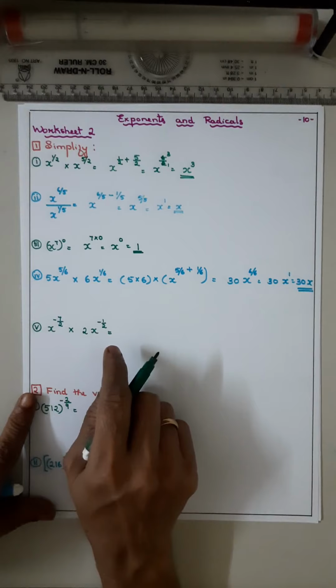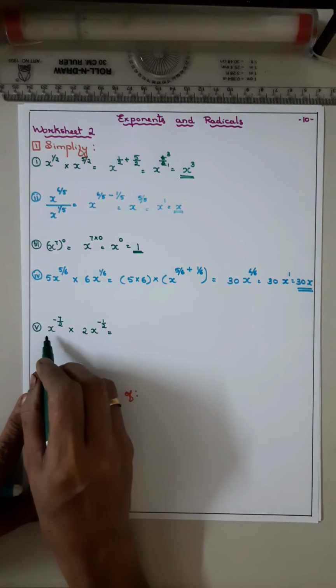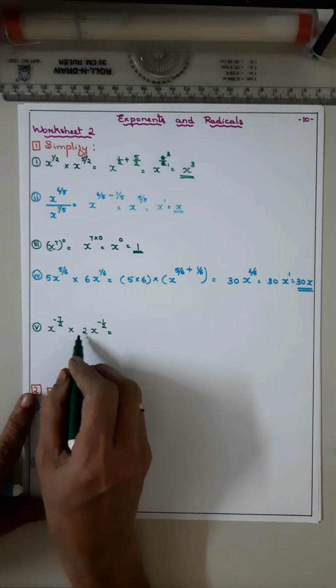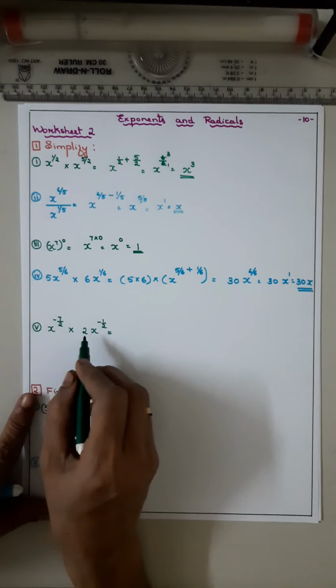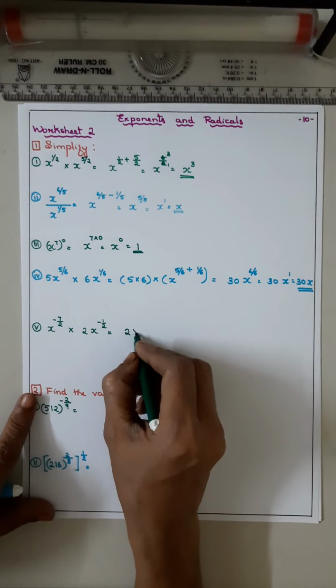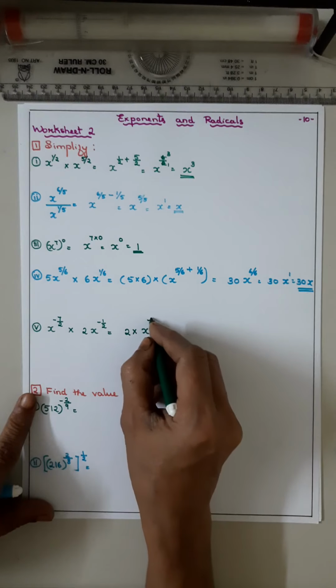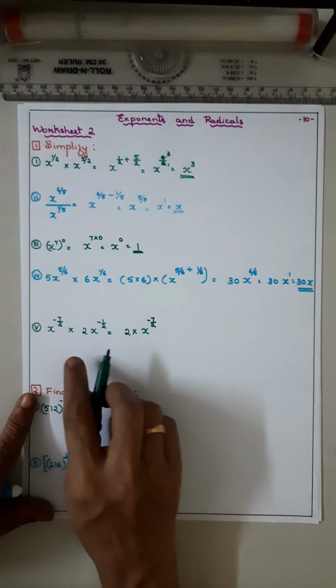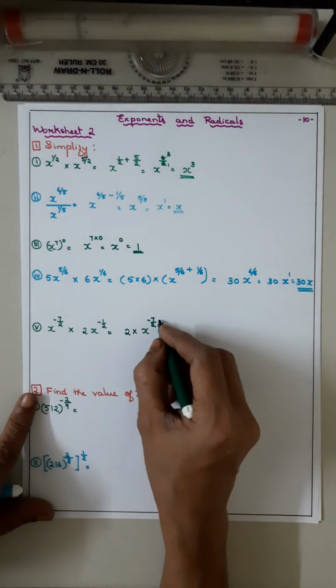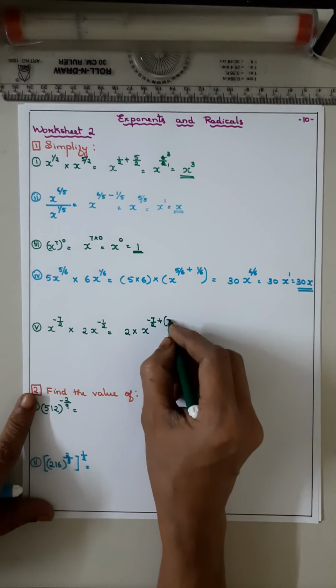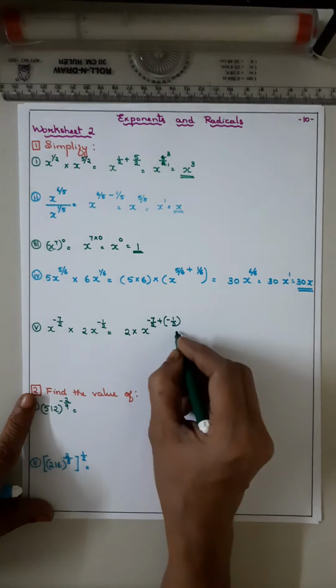Now coming to the fifth sum, it is x to the power minus 7 by 2 into 2x to the power minus 1 by 2. Now x and 2 means what? 1 into 2 is 2 into, now x to the power minus 7 by 2. Now multiplication in between, that is why add. Next is minus 1 by 2.